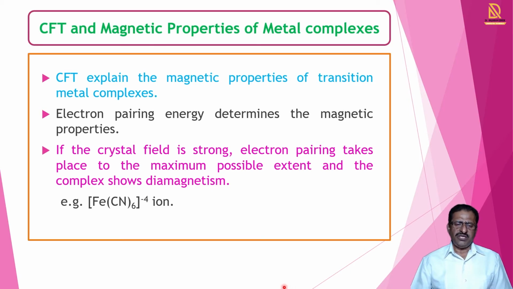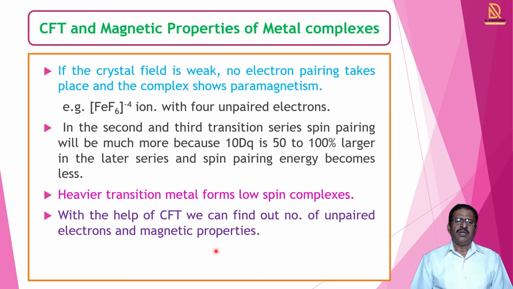For example, we take the [Fe(CN)6]4- ion. In this ion, maximum electrons are paired, so it shows a small number of unpaired electrons, or it shows diamagnetic properties. In the case of weak field complexes, electron pairing is generally not observed; firstly the electrons are singly filled. So no electron pairing takes place, and the complex generally shows paramagnetic properties.